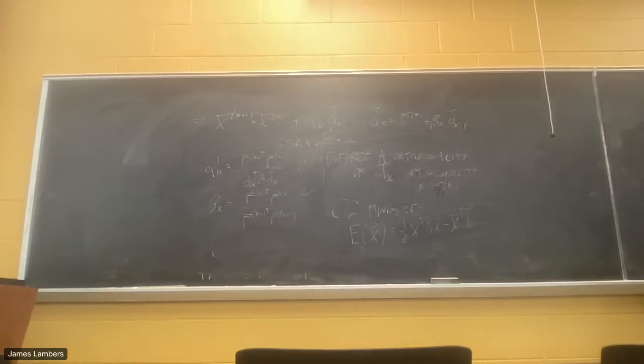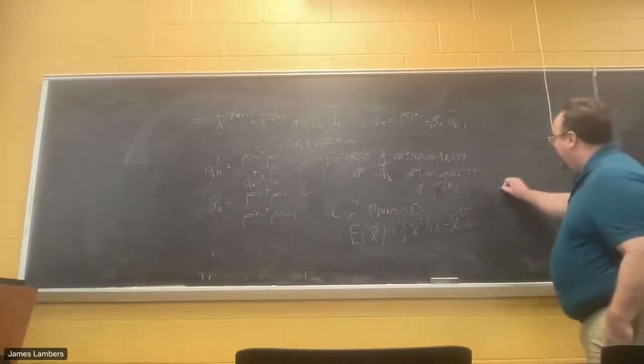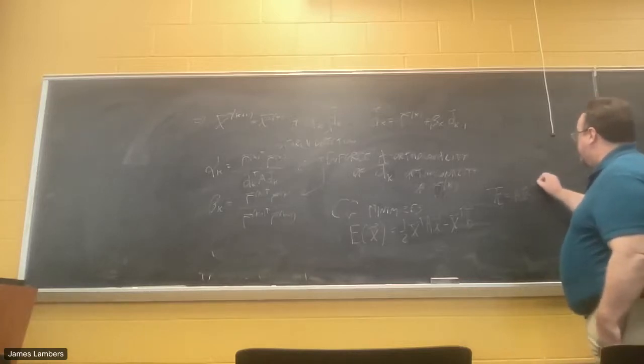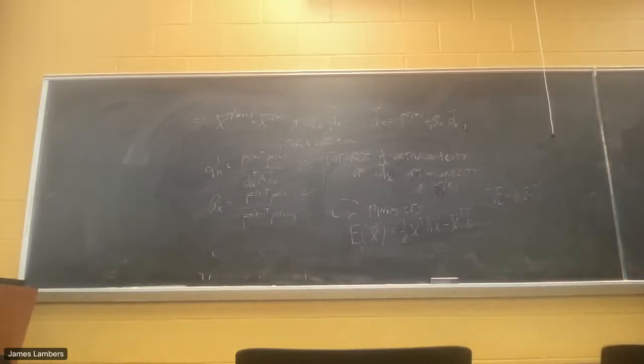So this function is minimized when A times x is equal to b. In fact, if you were to take the gradient, the gradient of E is Ax minus b, which is the negative residual.